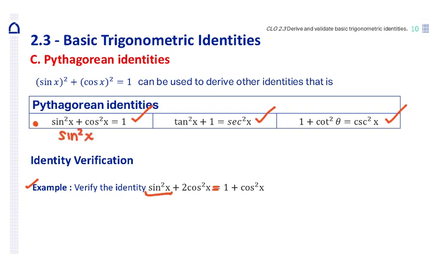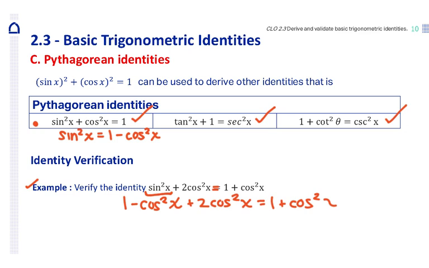So what I'll do is subtract cosine squared from both sides, and then I get sine squared x equals 1 minus cosine squared x. So I'll replace that here in this example. Instead of writing sine squared, I'll replace it with 1 minus cosine squared x, and then leave the rest of the equation the same. 2 cosine squared x equals 1 plus cosine squared x.